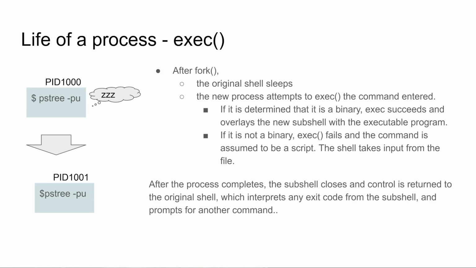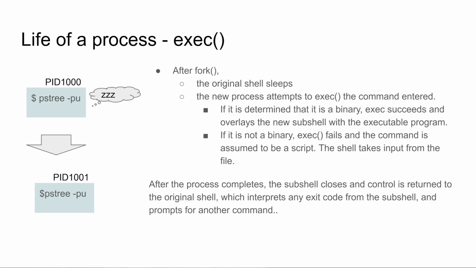Now, if it's not a binary program, exec will fail, and the command is assumed to be a script, and the shell will take input from the file if it can find it, but that's a totally different operation. The exec occurs with binary files. So, for example, a command that has a binary executable that's run is a perfect example of this.